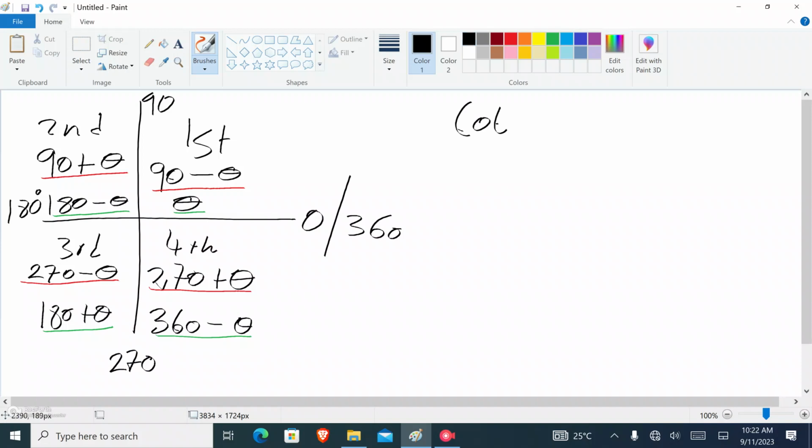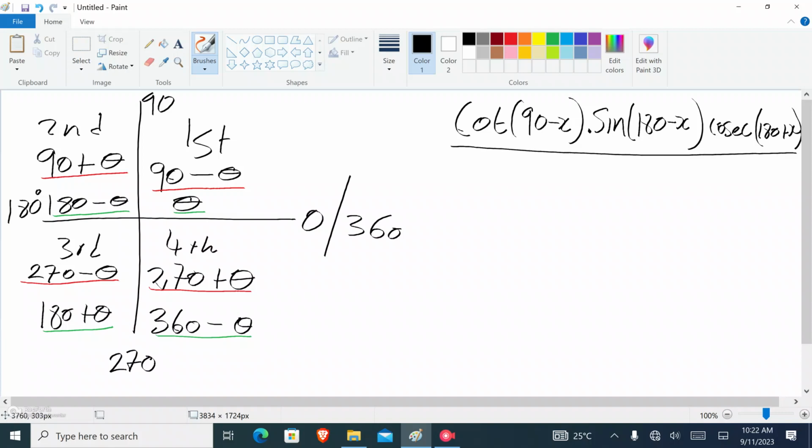So we have cot of 90 minus x, and then we also have sine of 180 minus x, and then the last one, which is cosec of 180 plus x.